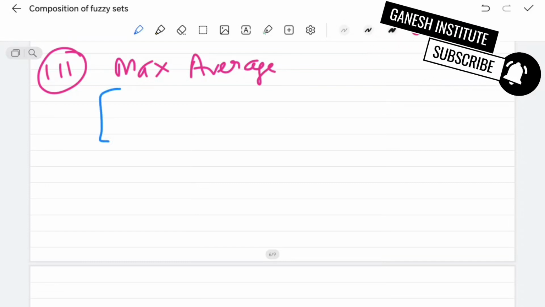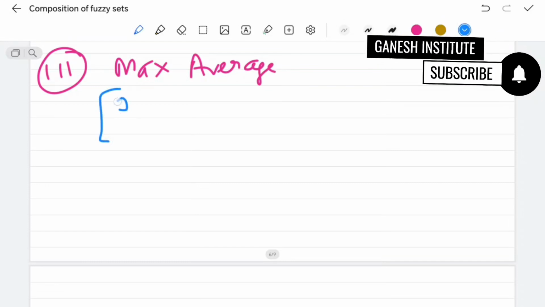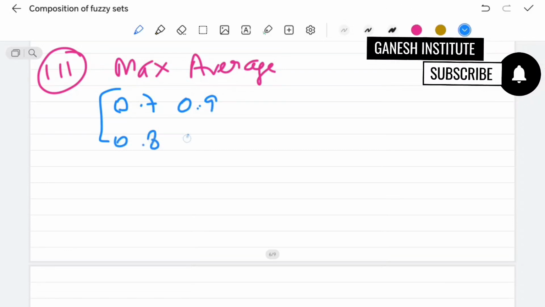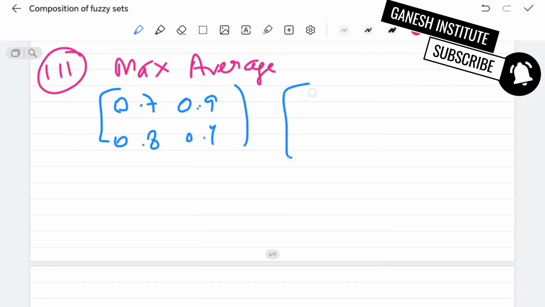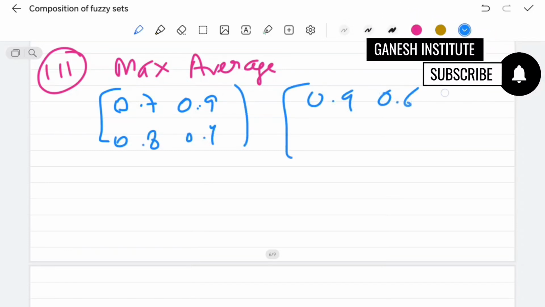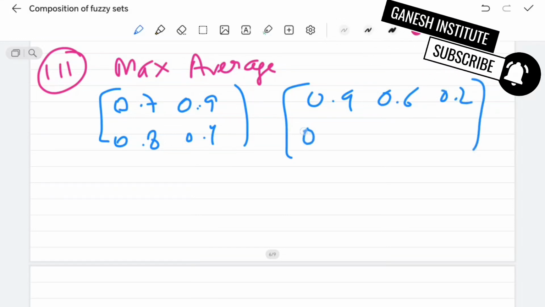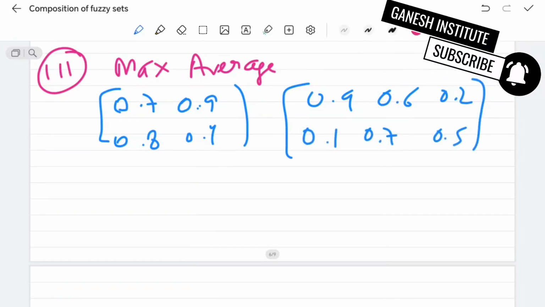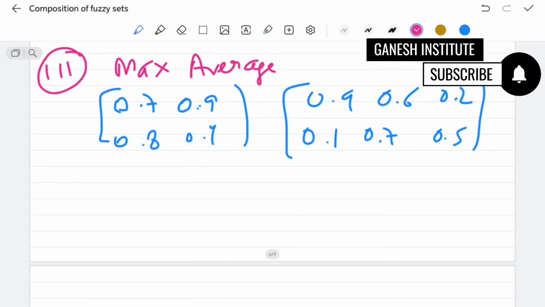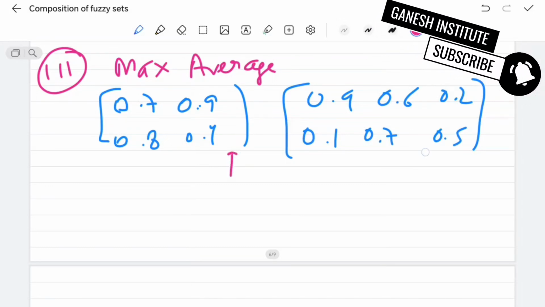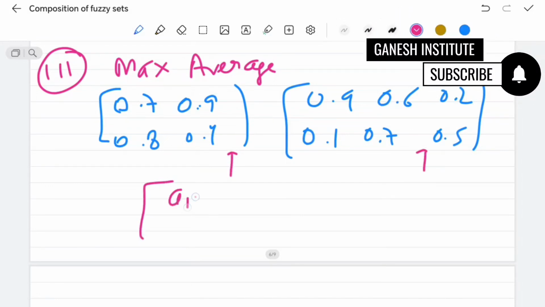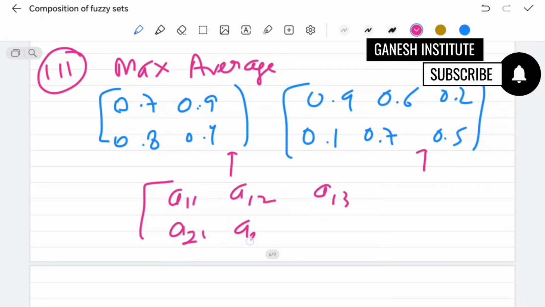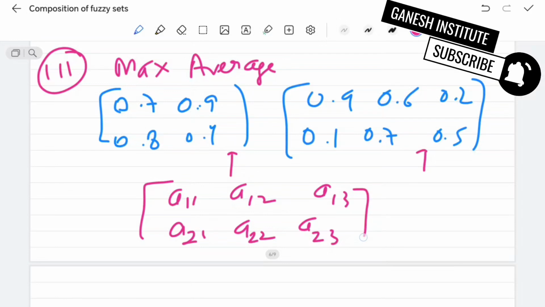Again, the elements: 0.7, 0.9, 0.8, 0.4, and then 0.9, 0.6, 0.2, 0.1, 0.7, 0.5. Because it is a 2 by 3 matrix, we will be having A11, A12, A13, A21, A22, A23.